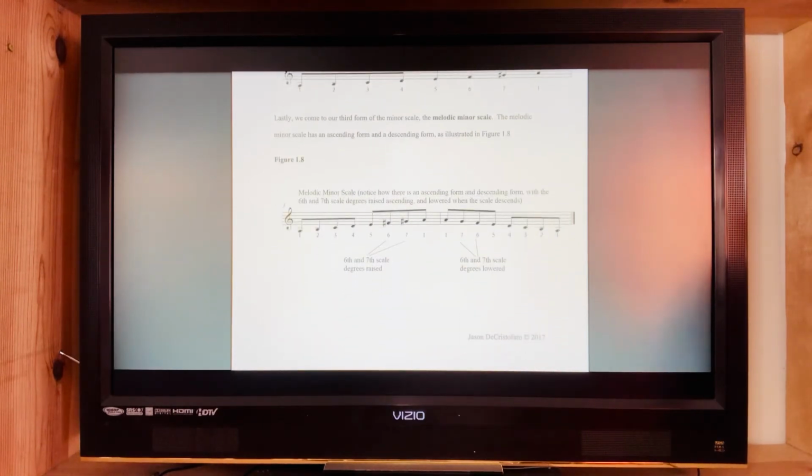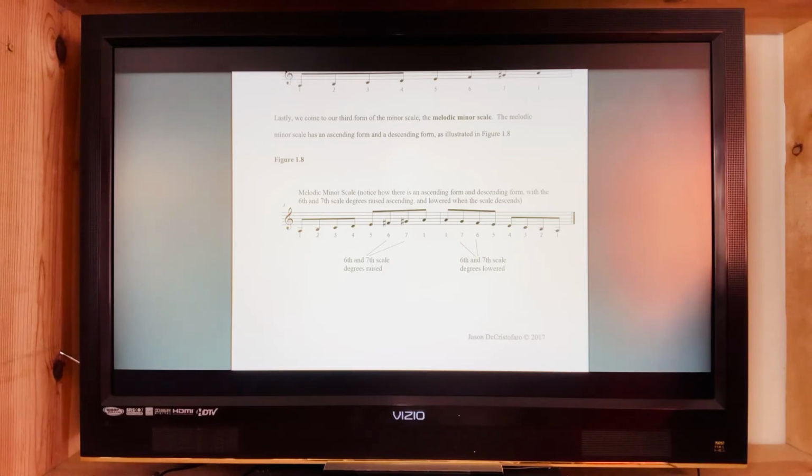Lastly, we come to our third form of the minor scale, the melodic minor scale. The melodic minor scale has an ascending form and a descending form. So, going up, as I mentioned before, you raise 6 and 7. And that's just like how it would be in the major scale of the same starting note.